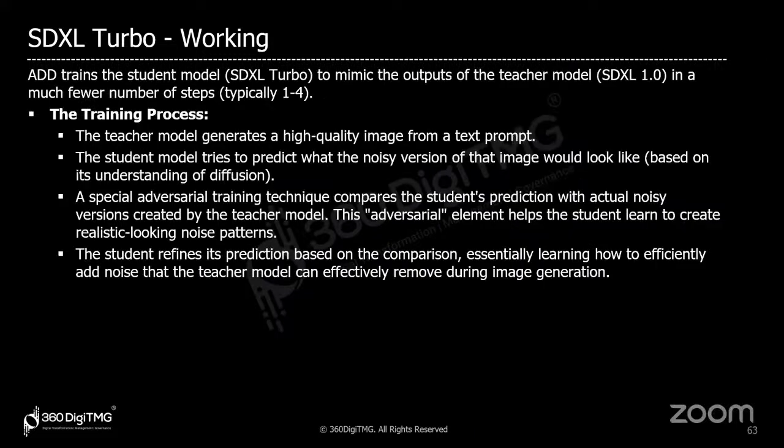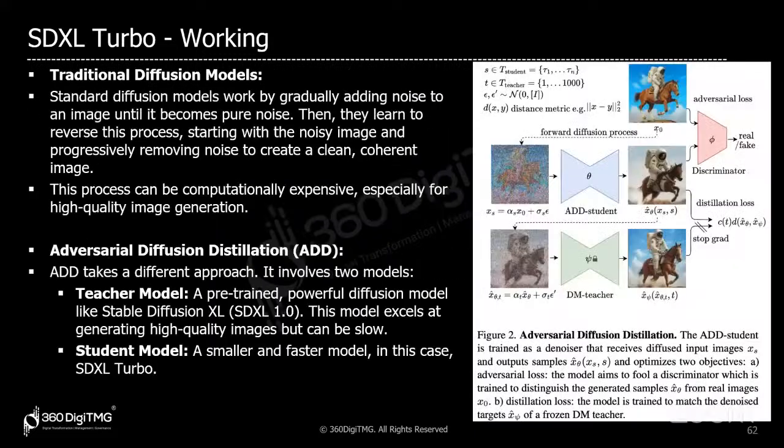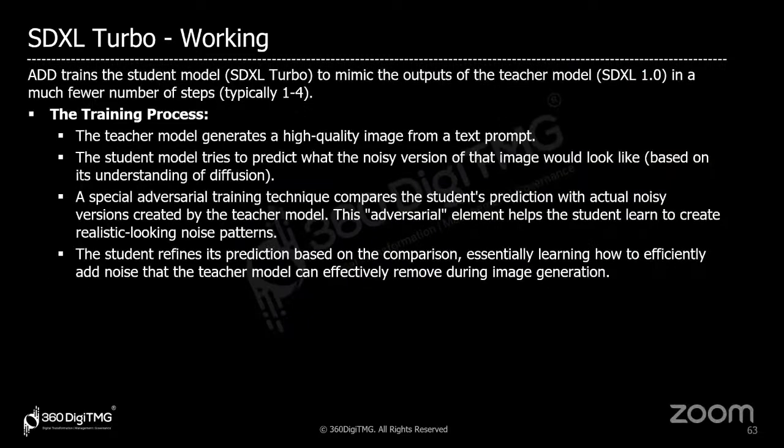ADD, that is adversarial diffusion distillation, trains the model to mimic the output of the teacher model in far fewer steps, typically 1 to 4 steps. So this is the training process. What happens in the training process? The teacher model generates a high quality image from a text prompt.